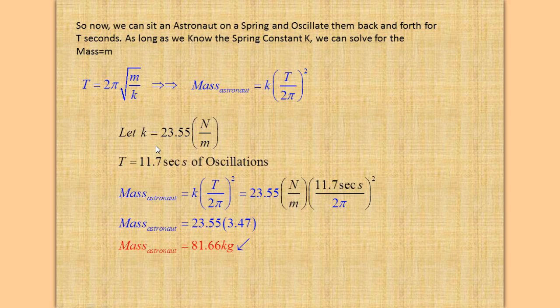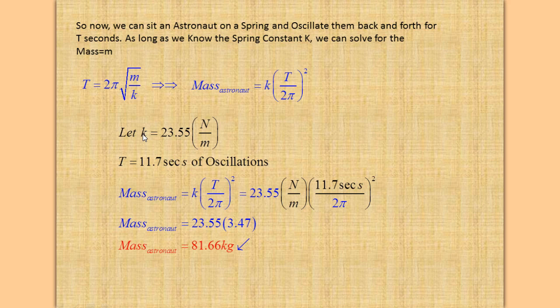So let's let k equal 23.55 newtons per meter. And let's say we set the astronaut on top of a spring and we oscillated him back and forth for a certain amount of time, and we counted 11.7 seconds of oscillations. So mass is equal to k times the quantity T divided by 2 pi squared.